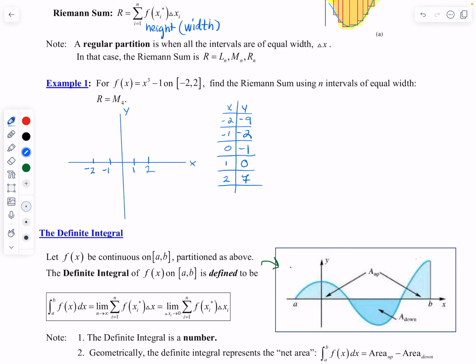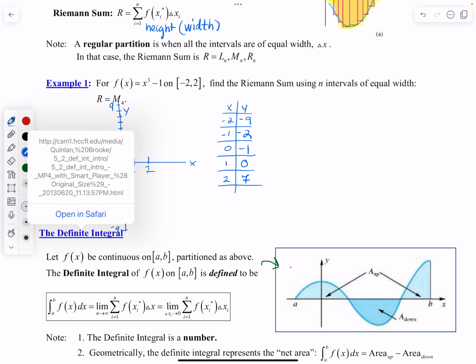Okay? All right, so I have these values, so I kind of know what the y-axis is going to look like. So I'm going to take that up to 9. Okay? So here's +9, here's -9, and now I'm going to plot points. Okay, so (-2, -9) is clear down here.